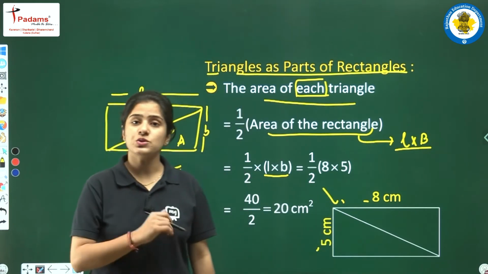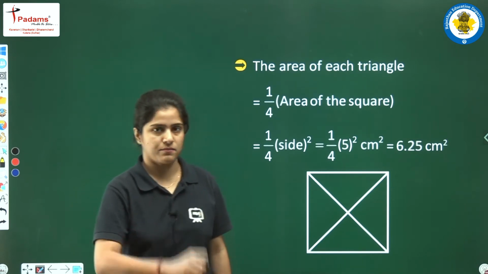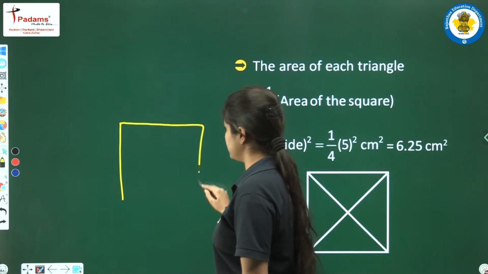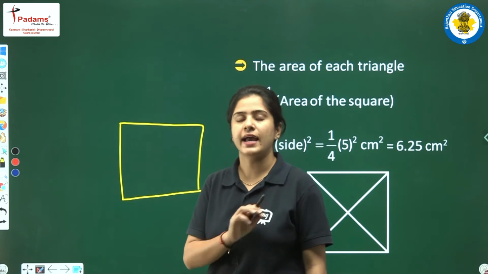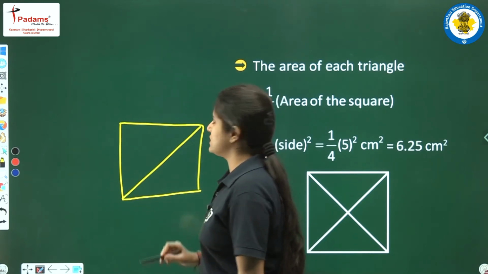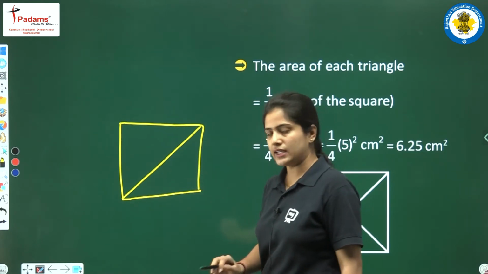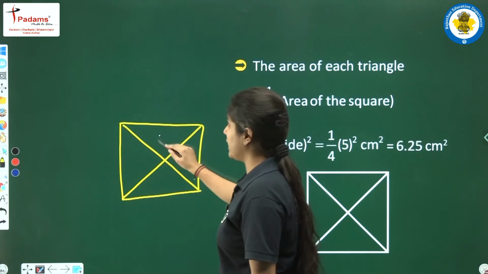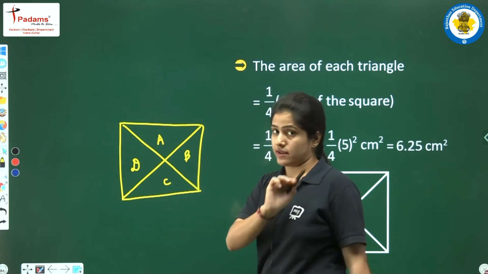Now students, if I am talking about a triangle that is a part of a square, have a look at this square. A square is something that has all its sides equal to each other. Every side is the same. So when I join these two vertices I get two triangles, and when I join these two vertices I have A, B, C and D. Four triangles are there.